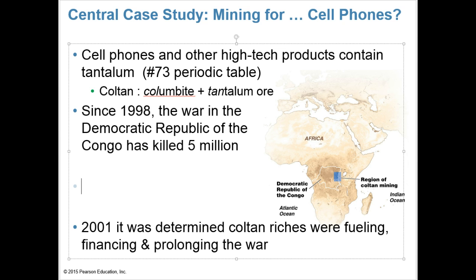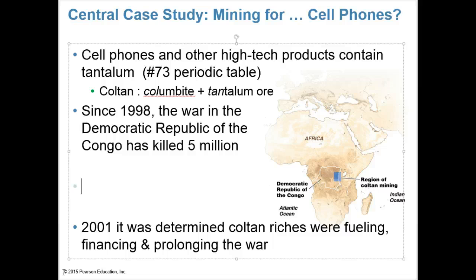In many ways, tantalum links our glossy global high-tech economy with one of the most abused regions on Earth, the Democratic Republic of the Congo. Tantalum comes from a dull, blackish mineral called tantalite, which often occurs with a mineral called columbite.